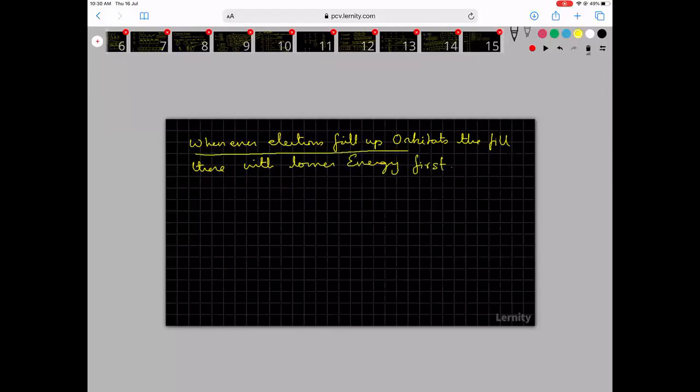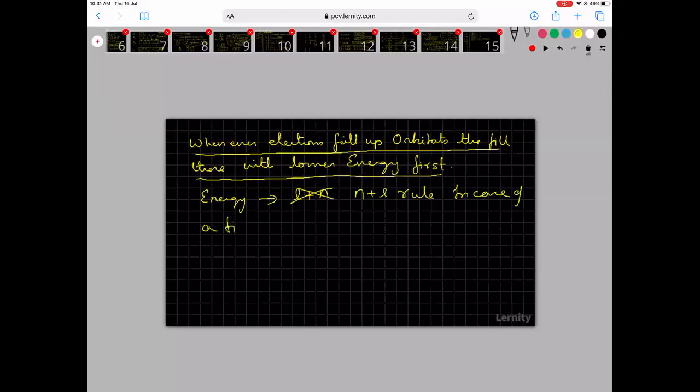And how do you determine the energy? Energy is determined by the n plus l rule. In case of a tie, low n is assumed to have low energy.